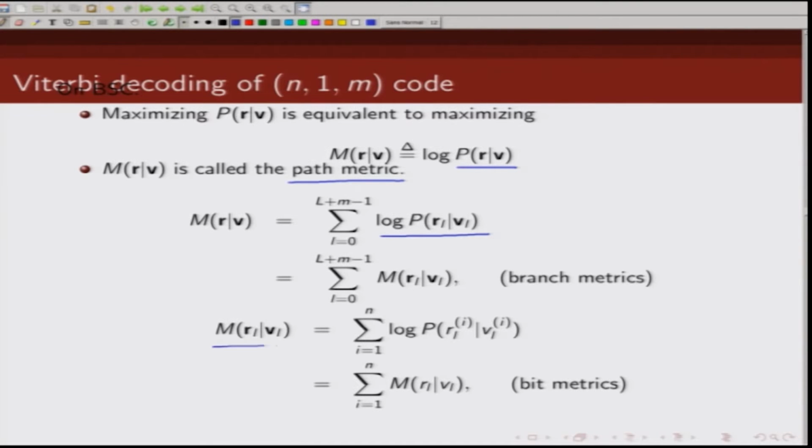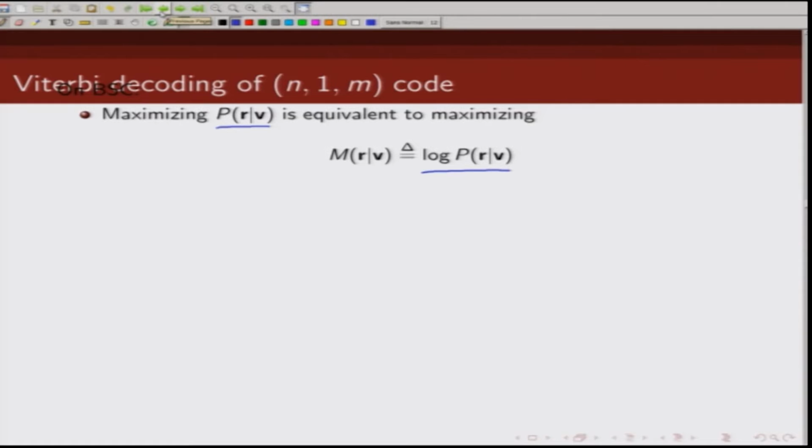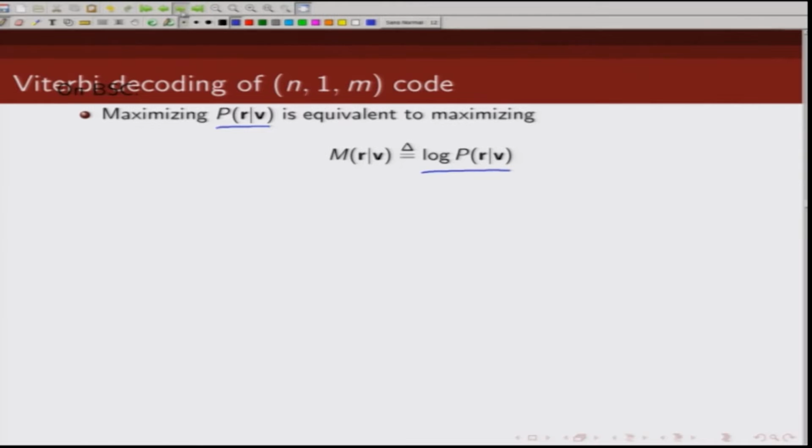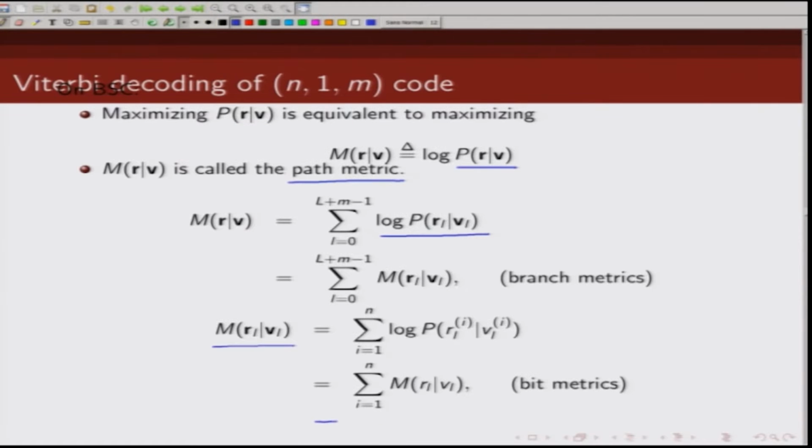Further, the branch metric can be written in terms of the bit metric. We know the probability of Rl given Vl is given by this expression. If we take the log, again the product term becomes a summation.